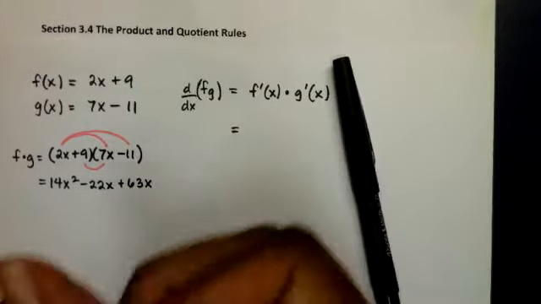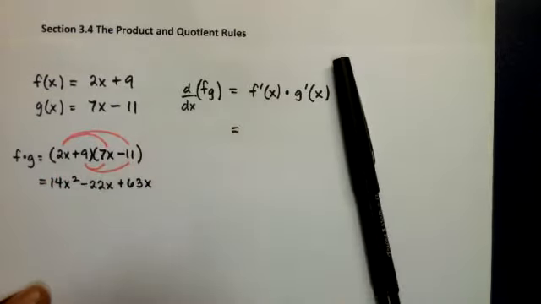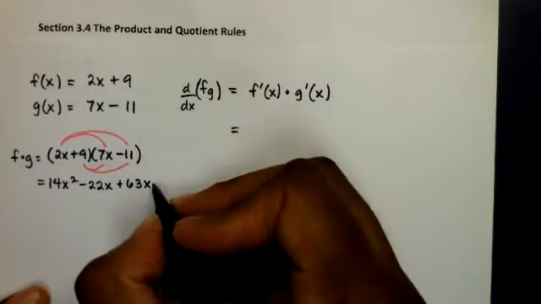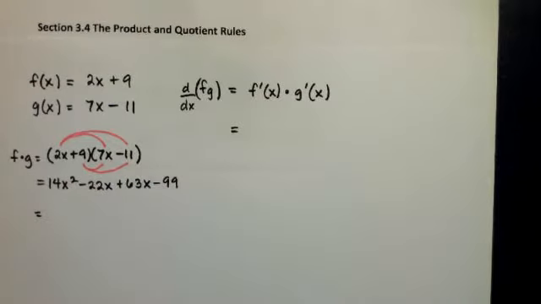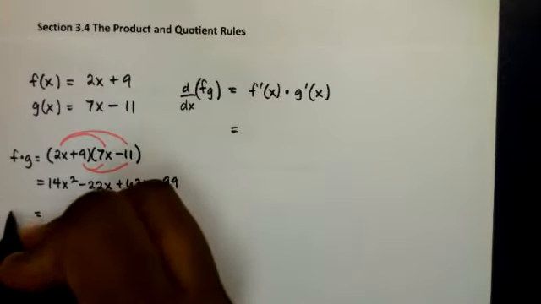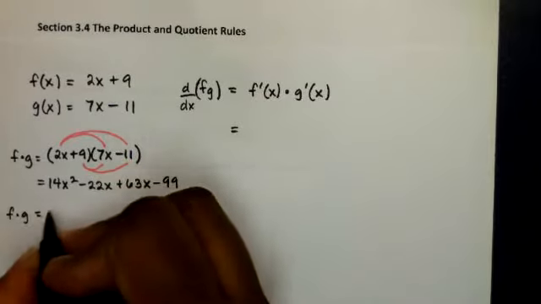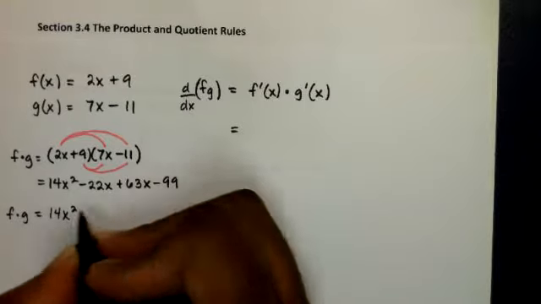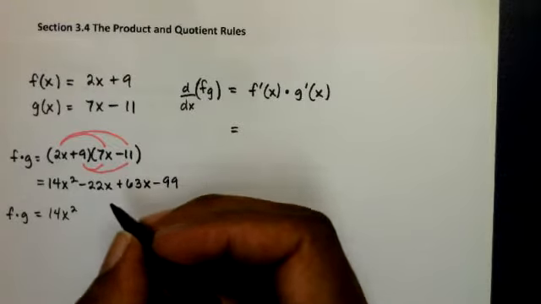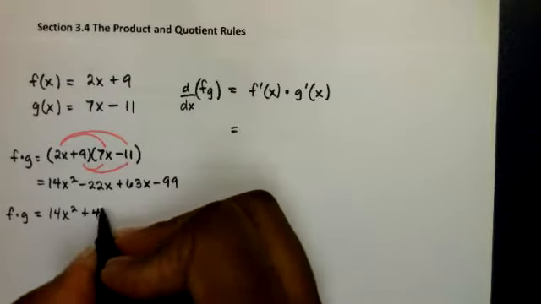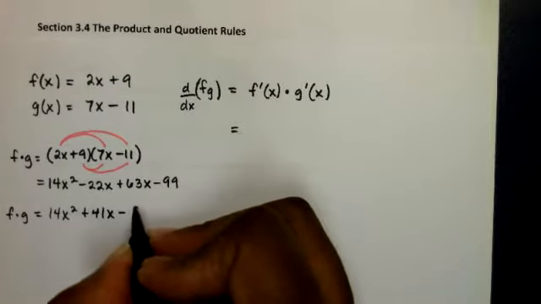And finally, 9 times minus 11 is minus 99. If I simplify that, f times g is going to be 14x squared, and 63x minus 22x will be plus 41x, then minus 99.